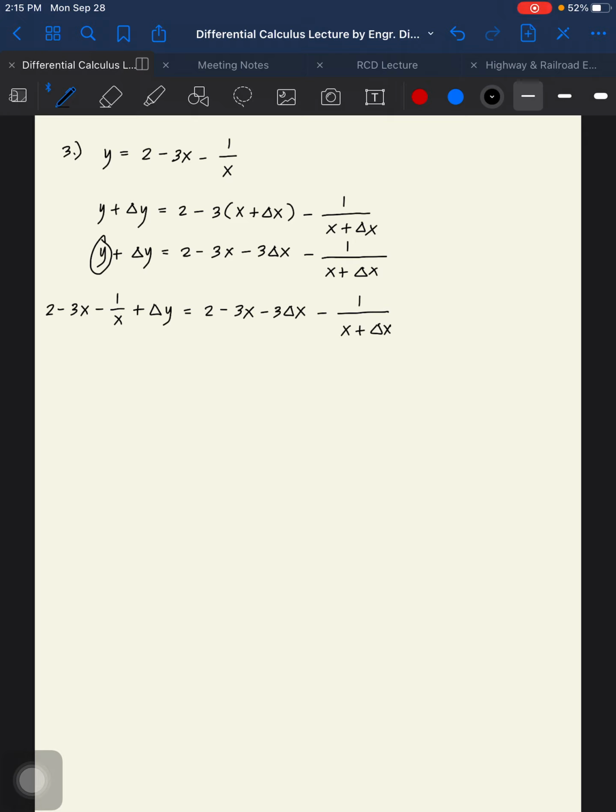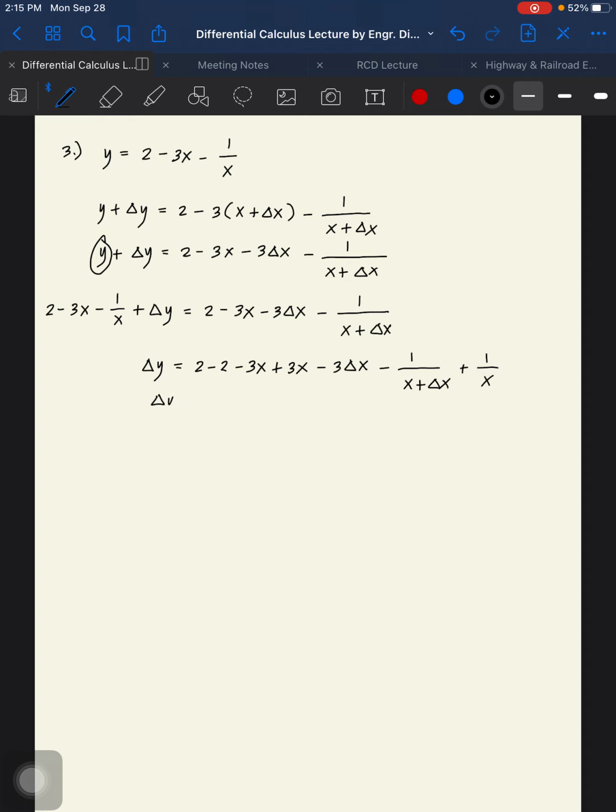Let's combine like terms and leave delta y on the left side of the equation. We have 2 minus 2 minus 3x plus 3x minus 3 delta x minus 1 over x plus delta x plus 1 over x.